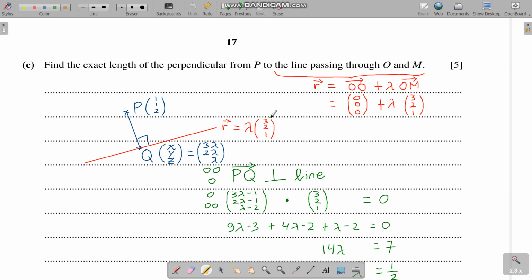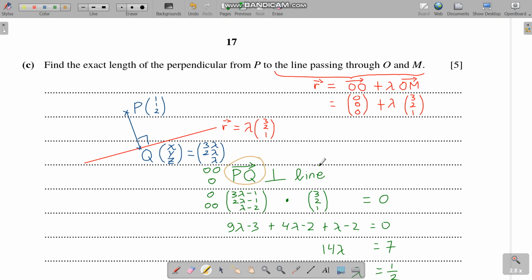Now the length of the perpendicular from P to this line means we are looking for this distance. So to find this distance means to find the magnitude of the vector PQ. To find the magnitude of the vector PQ, we need the vector PQ. And to find the vector PQ, we need the coordinates of Q. Now, because it's perpendicular, we have to use the dot product equals 0.